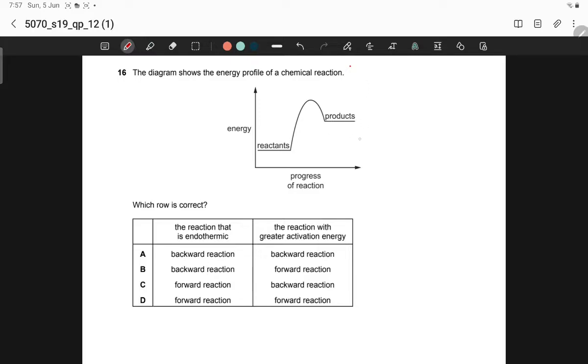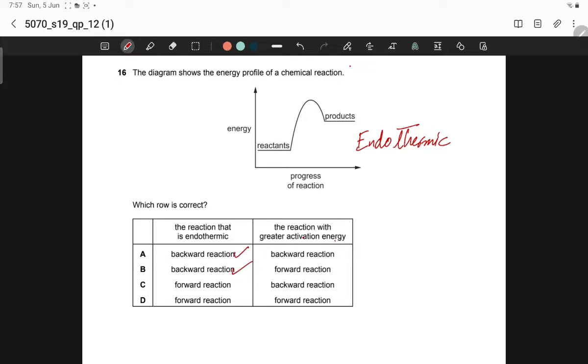This is an energy profile diagram for an endothermic reaction. Which row is correct? The reaction that is endothermic, breakdown reaction.